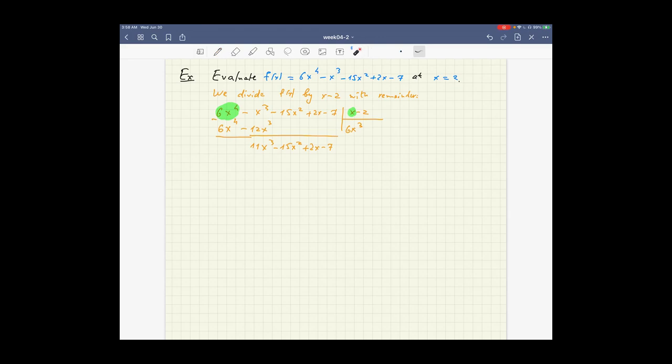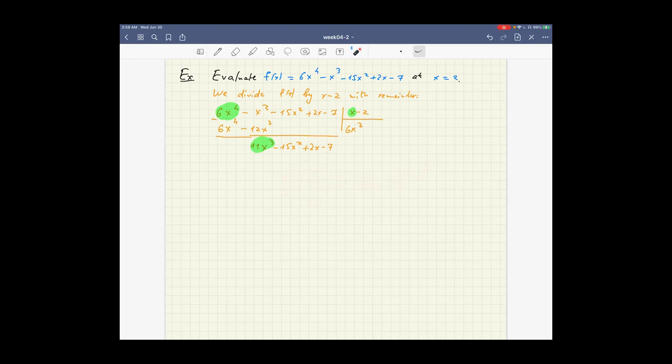The degree of the remainder is still greater than the degree of the divisor, so the process continues. The leading term of the remainder, which is the new dividend, is 11x cubed. And so we're dividing 11x cubed over x, and that'll be 11x squared.